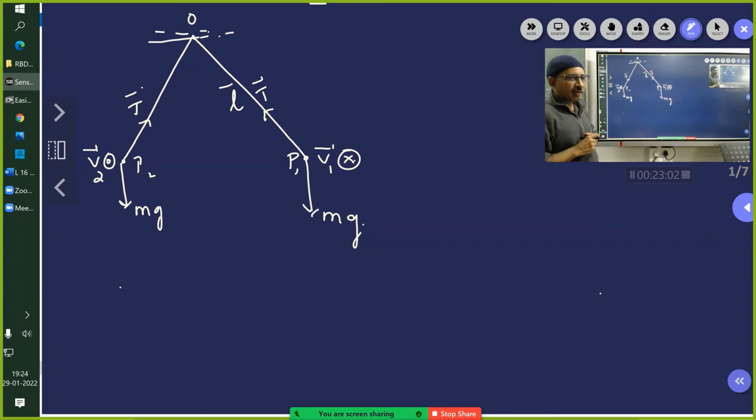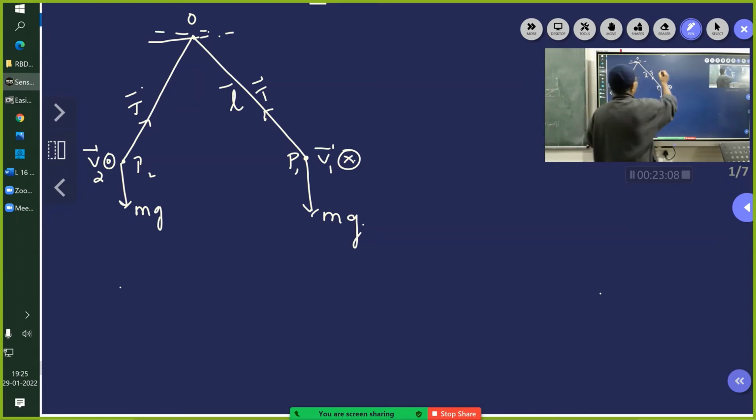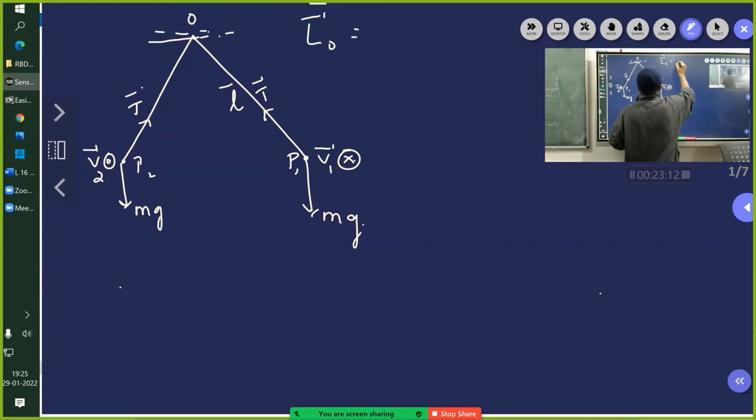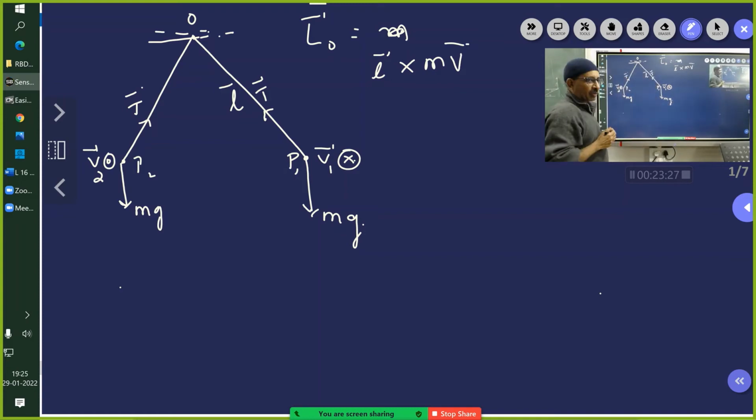So the angular momentum about O will be equal to L bar, in this case from O to point P, cross M V bar. This will be the angular momentum.